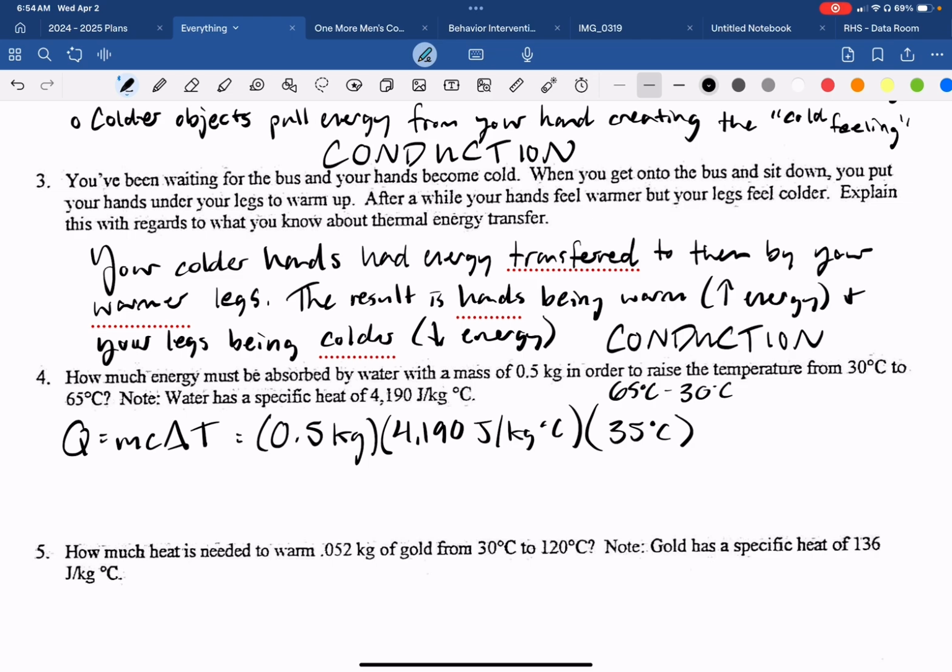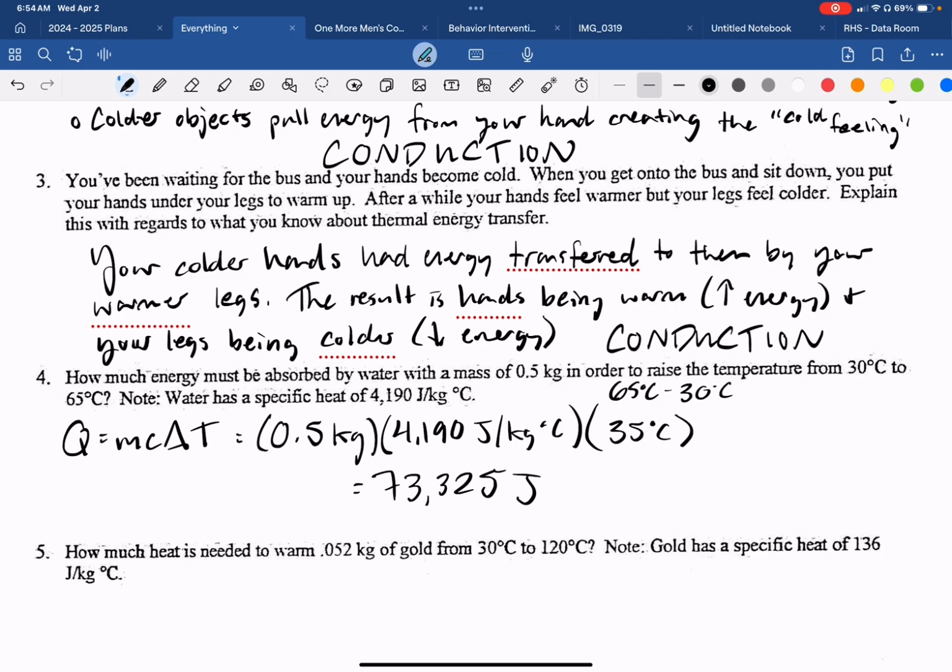Then we just multiply. So 0.5 times 4,190 times 35 is going to be 73,325 joules, and that's your answer.